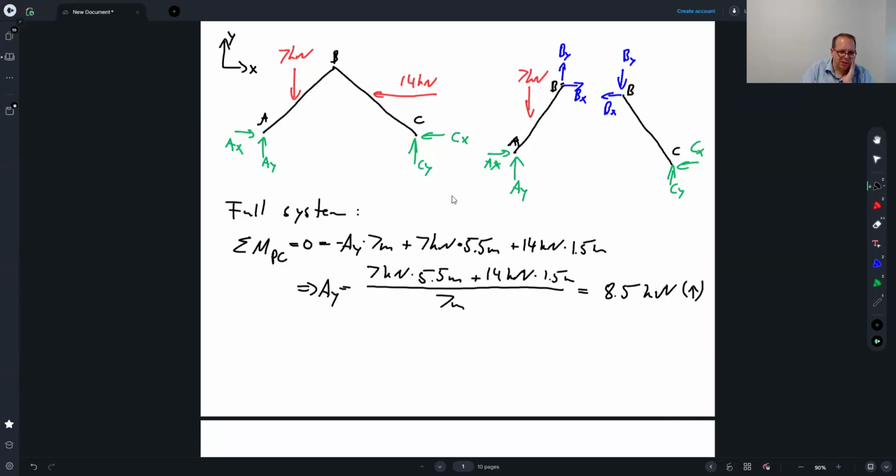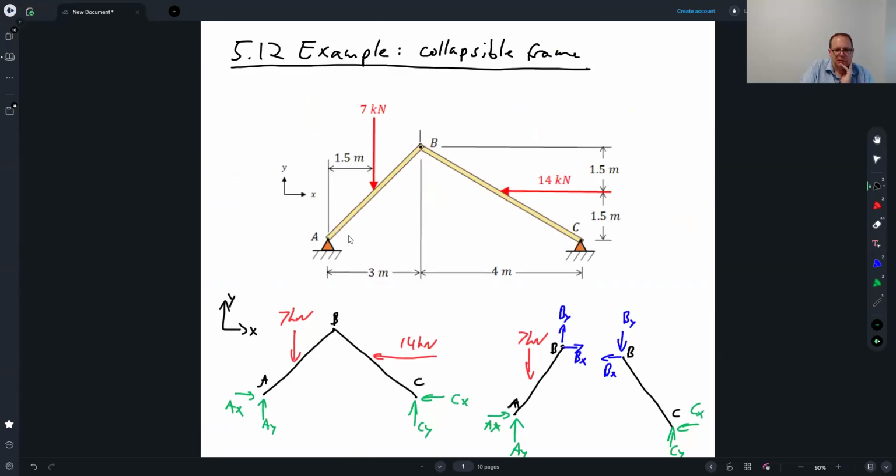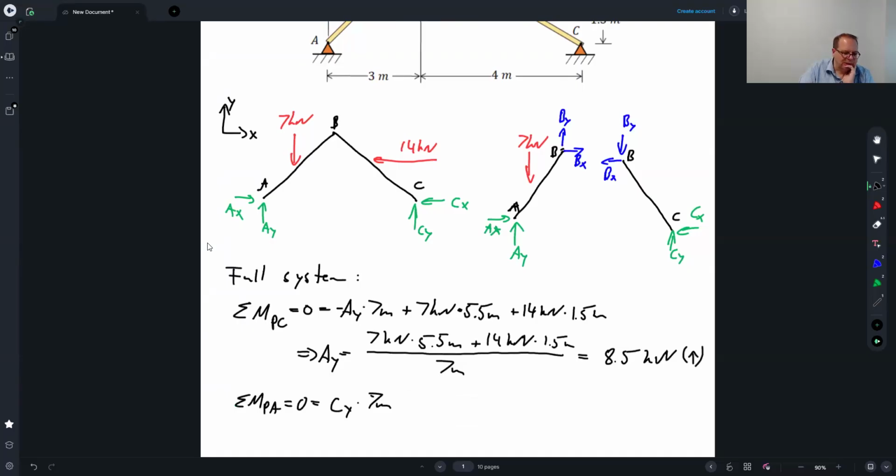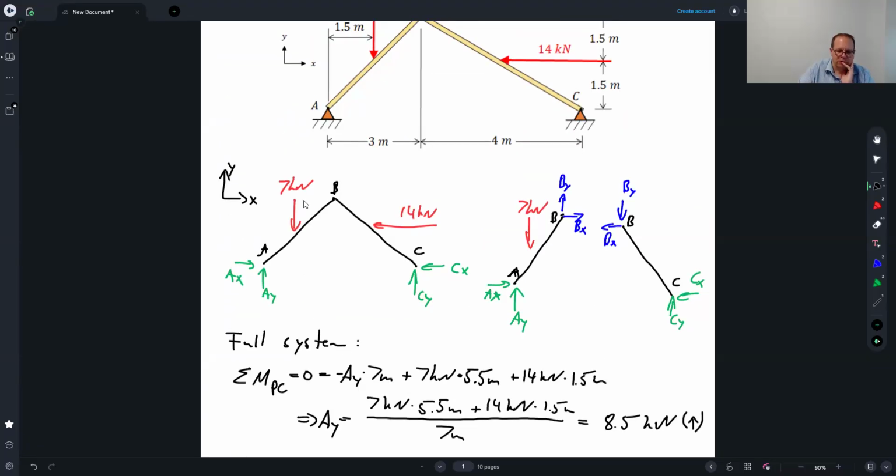So let's get CY basically the same way. Sum of moments about point A is equal to 0. Start over here: I have my CY now positive, so CY times 7 meters, the whole 7 meters. Then my 14 kilonewton, going about A now, is still going counterclockwise, so plus 14 kilonewton, and that height is still 1.5 meters.